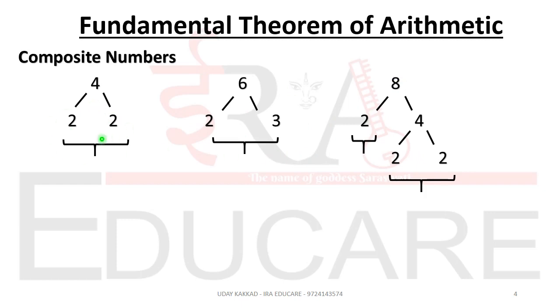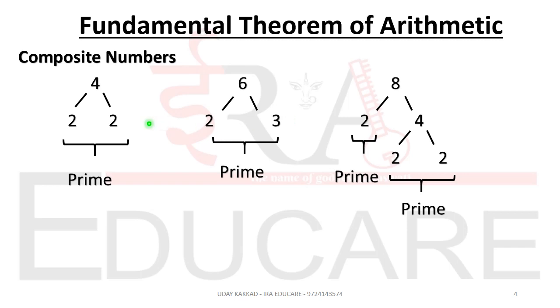Look at the leaves of those factor trees. You can observe that all these numbers are prime numbers. 2, you cannot divide further. 3, you cannot divide further.